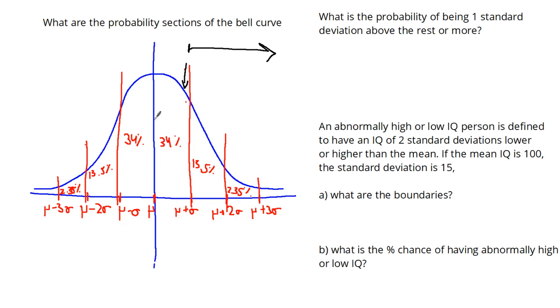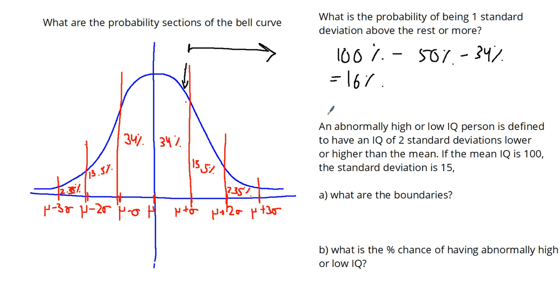So this is 50%, and then you can add it to the 34% in this side, which is between 0 and 1 standard deviations above the mean, and then that's equal to 100% of the people minus the 50% that's worse than the mean, and then minus the 34% that's between 0 and 1, and that'll give you 16% of the population. So if you pick a number in a random sample, there's a 16% chance, or it'll approach a 16% chance, that you will get the number being one standard deviation above the mean.